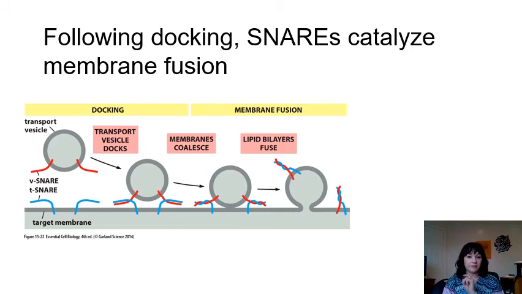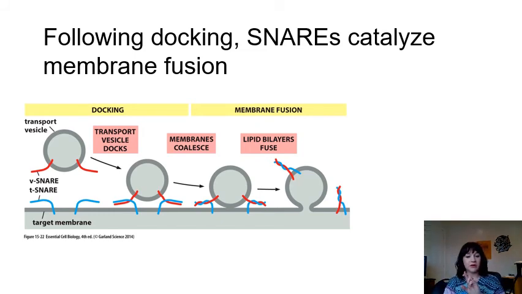So V snare, vesicular snare, T snare, target snare. They have to match. Only certain V snares will attach to certain T snares. So it's another layer of recognition to make sure that this vesicle is really supposed to be here.